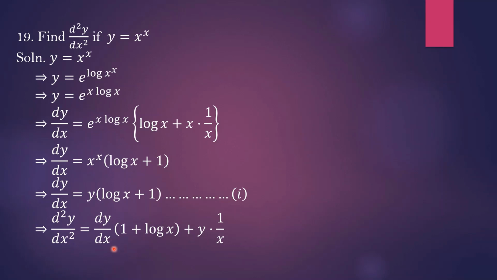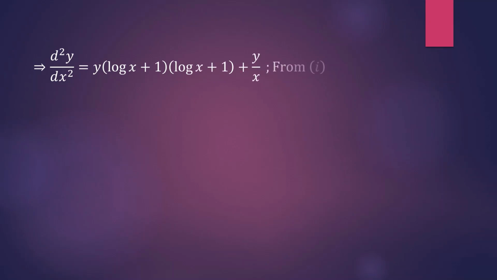Now you have to replace the value of dy dx, and the dy dx value is x to the power x into log x plus 1. You replace here. So d2y dx2 is equal to, the value of dy dx is this one, and it was in the previous line, plus y by x.